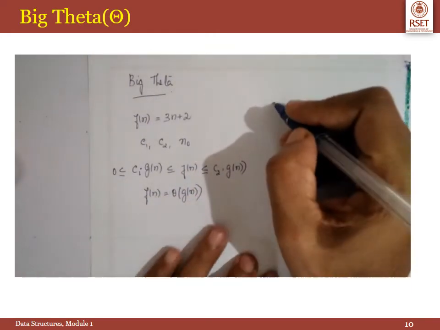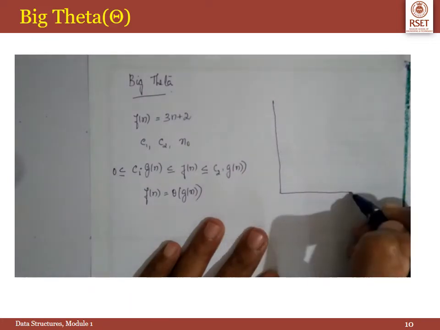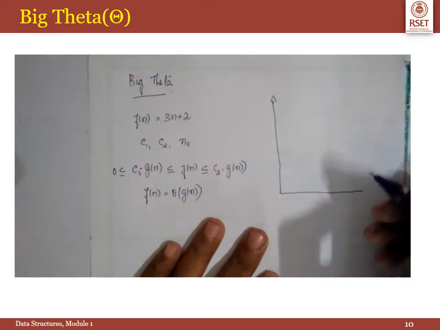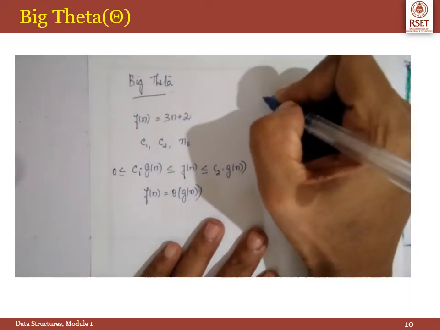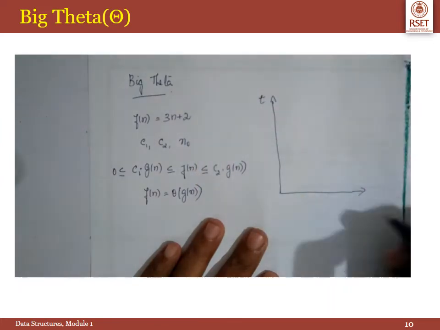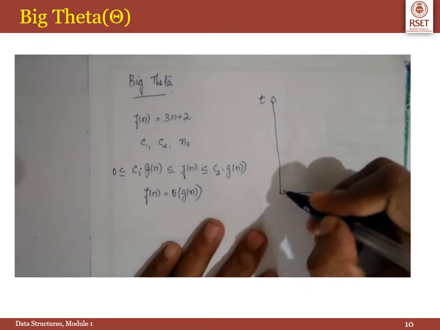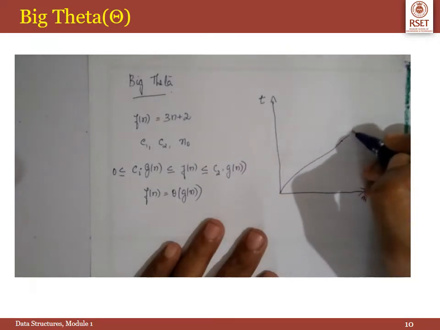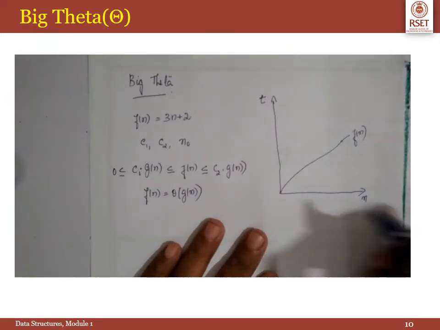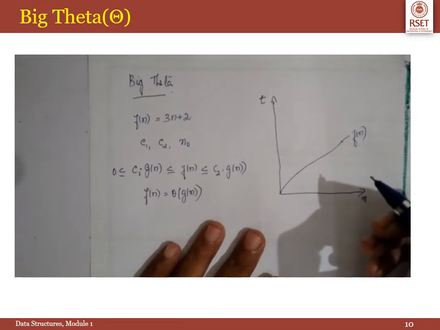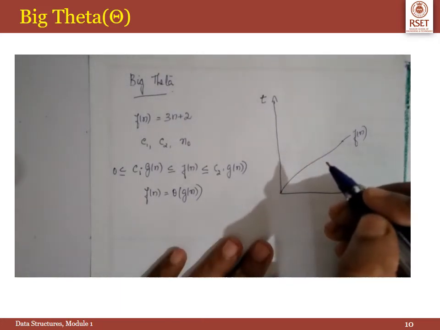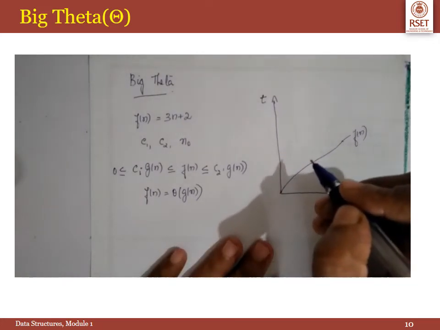Now again when you try to plot it, on the y-axis you represent time and on the x-axis you represent n. Then if this is your function f of n, we have to draw c1 g(n) and c2 g(n).